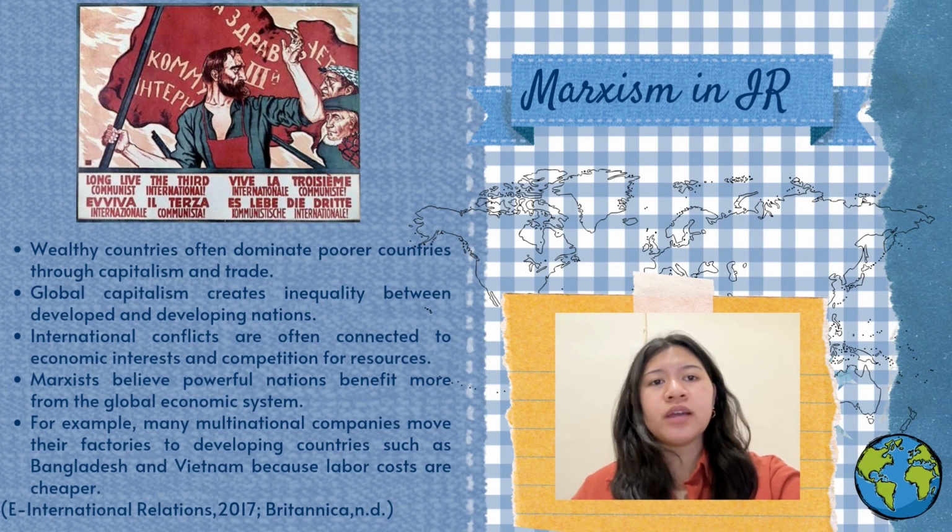For example, many multinational companies move factories to developing countries such as Bangladesh and Vietnam because labor is cheap. Workers produce products for global brands, but large companies from wealthier countries gain most of the profit. Marxists view this as a form of exploitation under global capitalism.